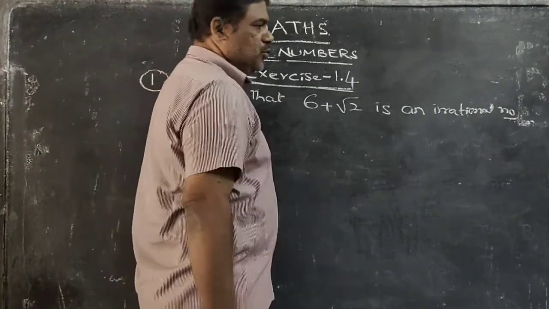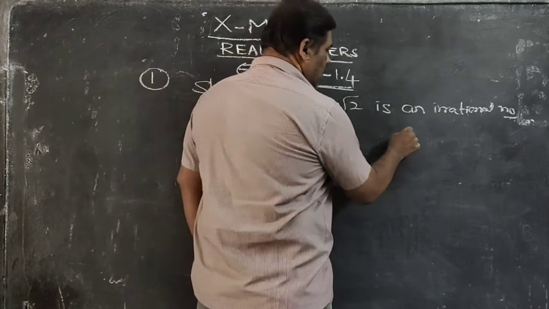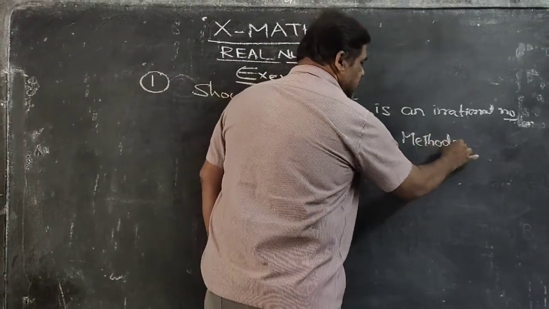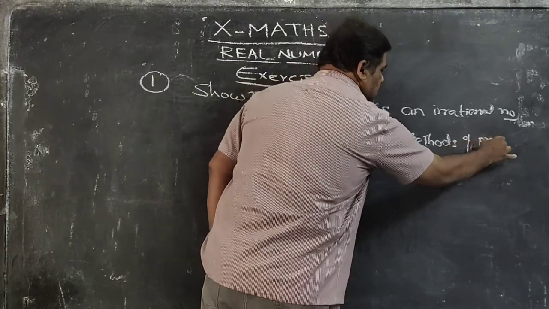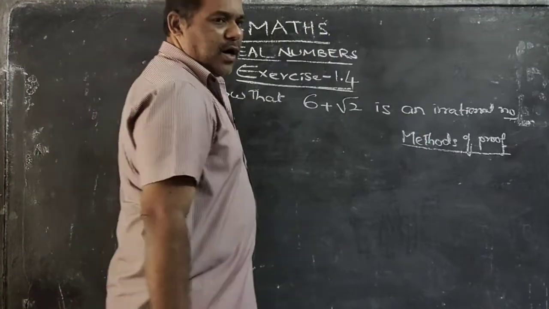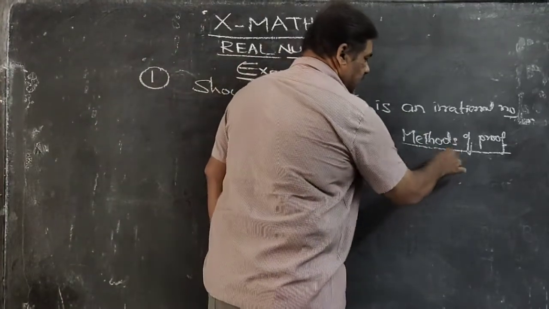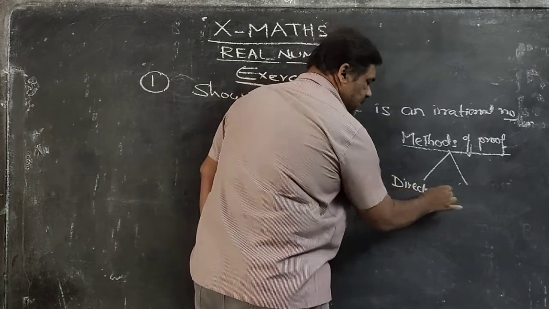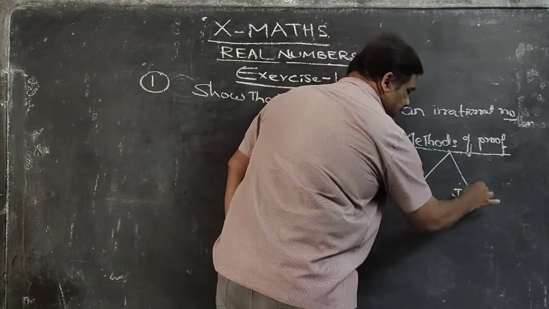Before we go to prove this, first we have to know methods of proof. This already we discussed in 9th class. If you want to prove any statement, there are two methods. One method is known as direct method and the second one is known as indirect method.